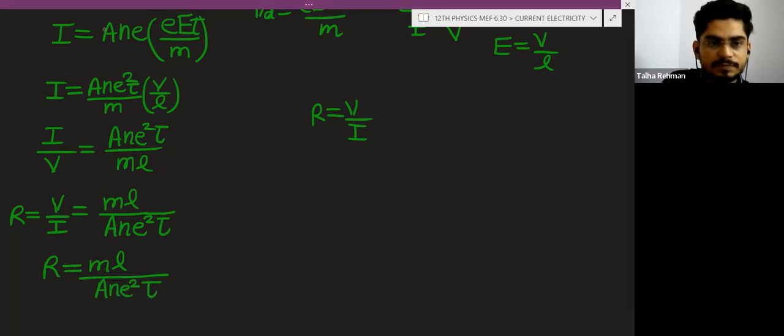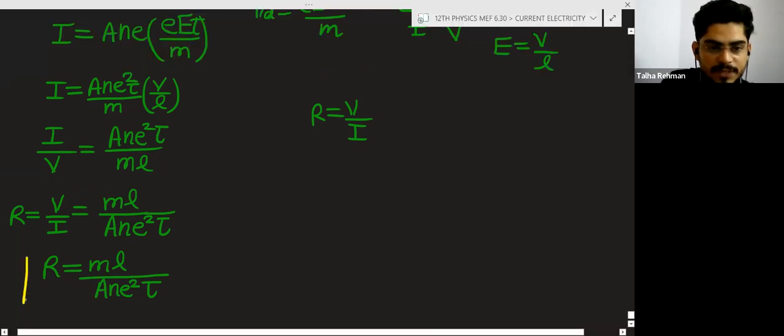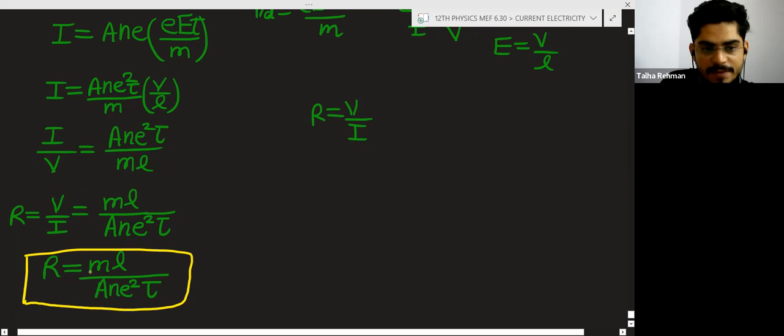This is the microscopic form, meaning this is the resistance in terms of m, the mass of electron; L, the length of the conductor; A, the area of cross section of the conductor; n, the number of free electrons per unit volume; e, the charge on electron; and tau, the relaxation time.